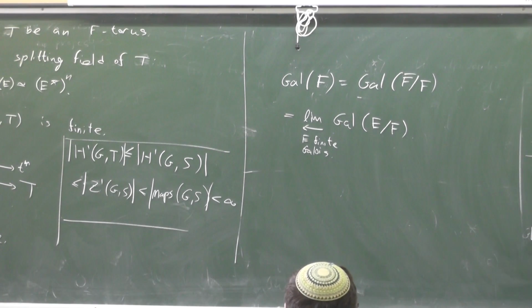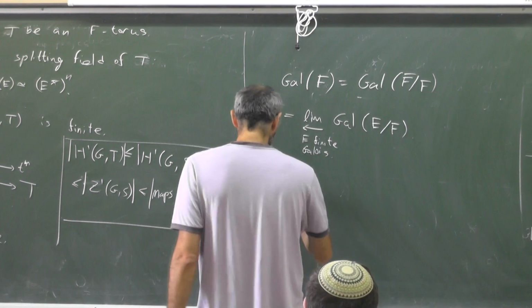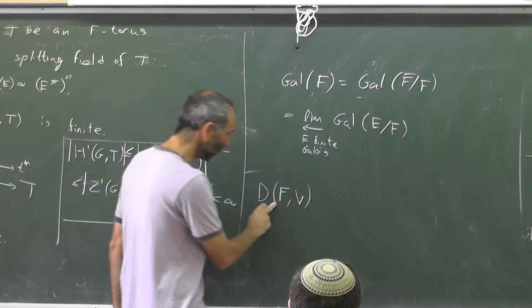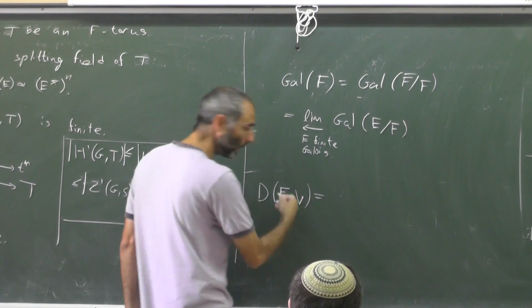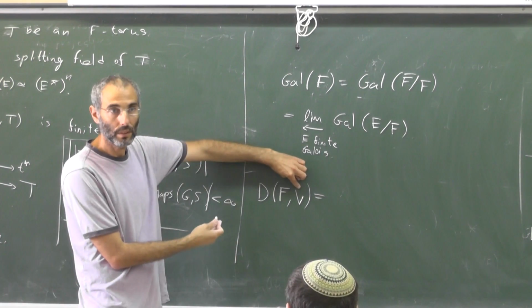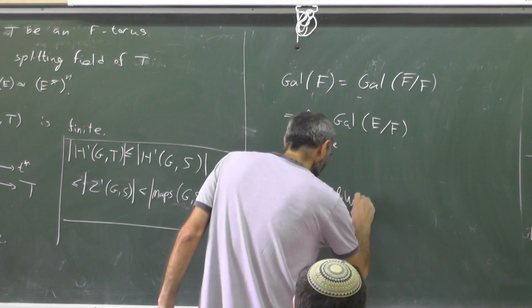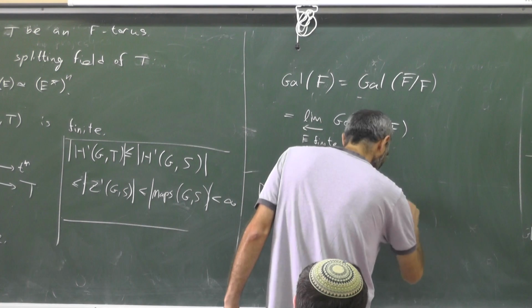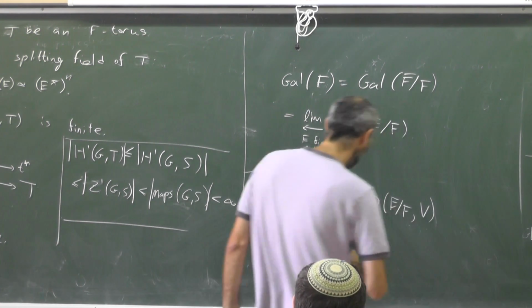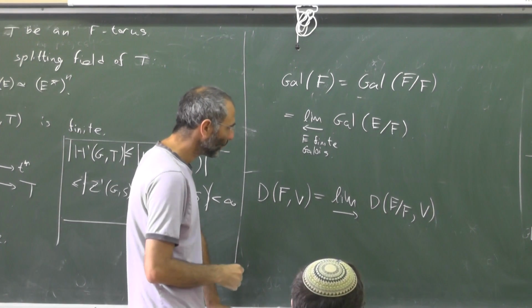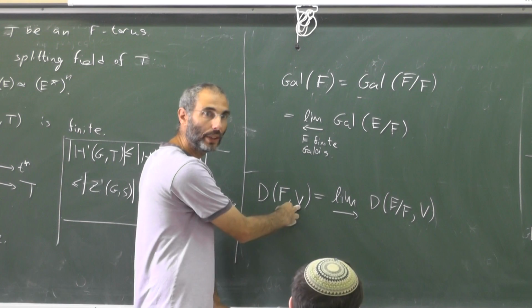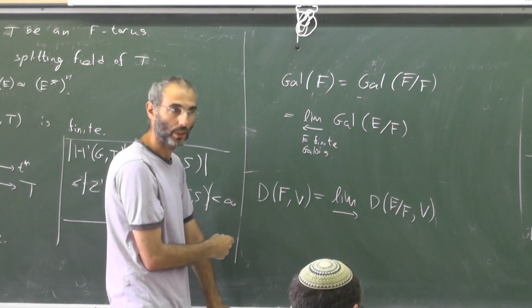And when I do descent, I can ask about descent of V without specifying E here, and then assuming always V splits over some finite extension, every form of V, every descent form of V, can already be seen as isomorphic to V over some finite field extension.